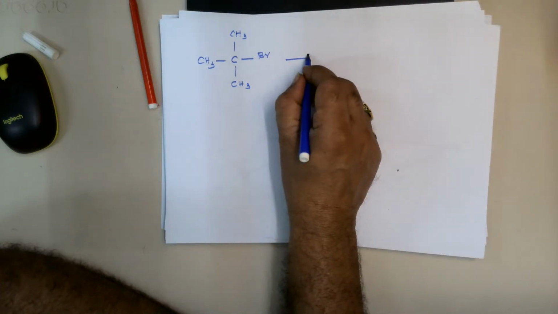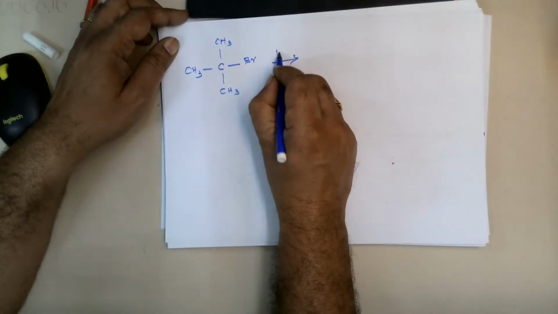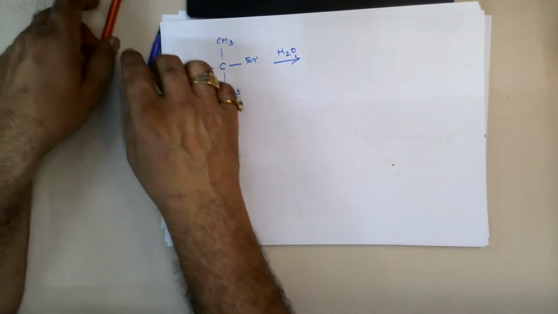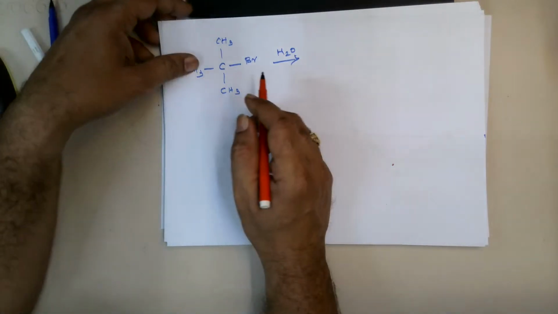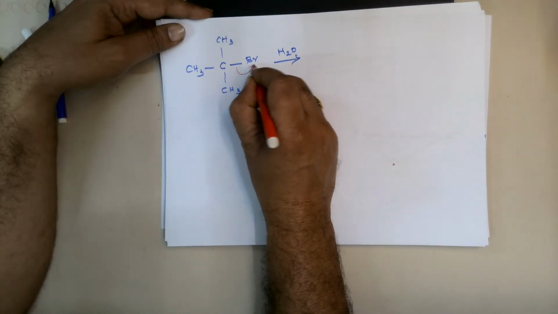So this undergoes hydrolysis, H2O. Now the electron transfer can take place in this way.